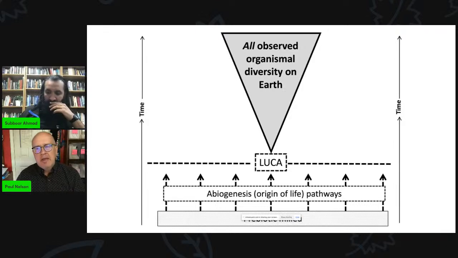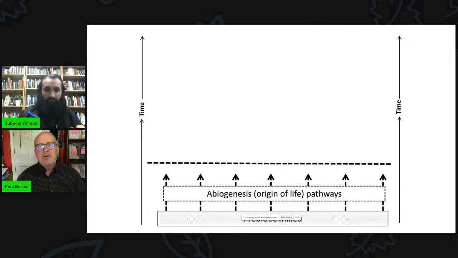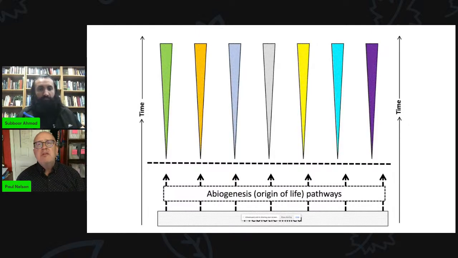Okay. Now, what happens if, as Doolittle proposes, we eliminate Luca as a bottleneck or as a theoretical entity that's going to tie together all observed organismal diversity post-Luca? So we'll get rid of Luca. Now you have the possibility of multiple independent lineages arising.